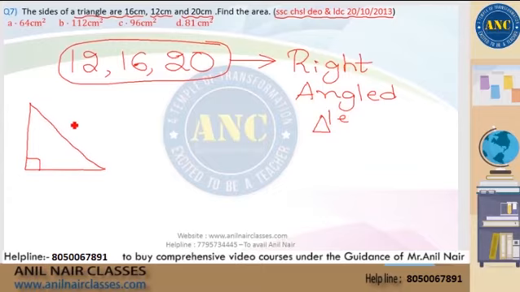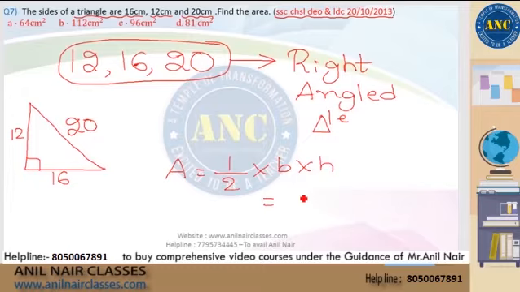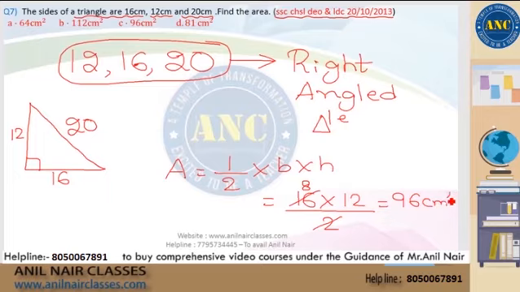Hypotenuse is always the longest side, 20, and the other two sides are 12 and 16. It can be interchanged. Area of a right angled triangle is half into base into height. Base is 16, height is 12, divided by 2. 2 into 8, 8 into 12 is 96 square centimeters. Answer for this question is option C.